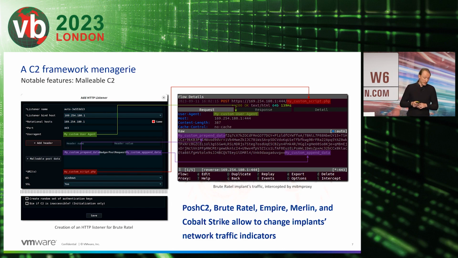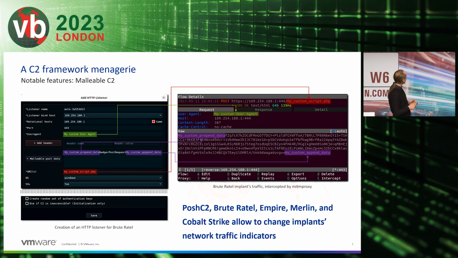Take a look at the left figure where we see that during the creation of an HTTP listener of BroodRatel, one may specify a custom user agent, highlighted in green, custom data that is added before and after the POST request, highlighted in purple, and a custom URI that can also be used, highlighted in red.